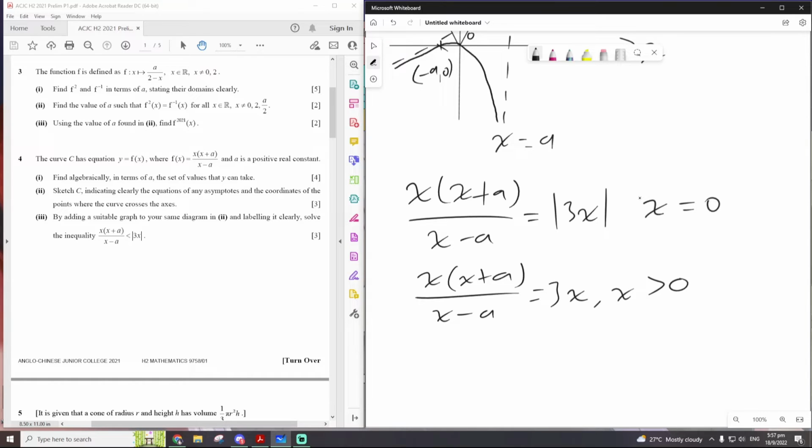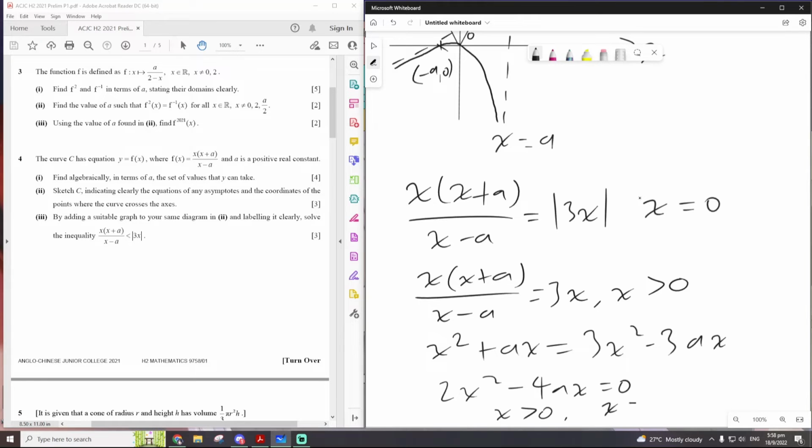Okay, so you can do this the normal way. x squared plus ax equals 3x squared minus 3ax, bring this over, 2x squared minus 4ax equals 0, x greater than 0.